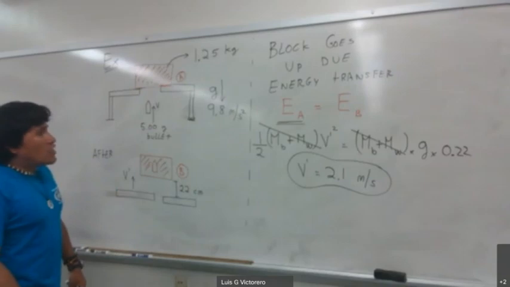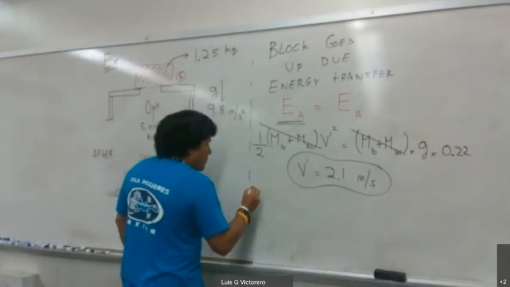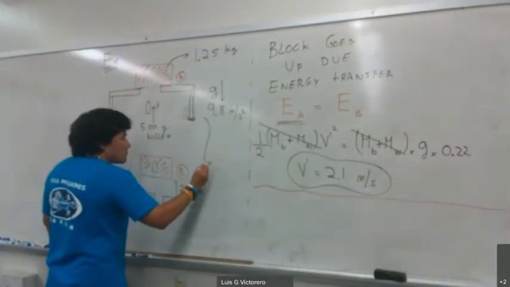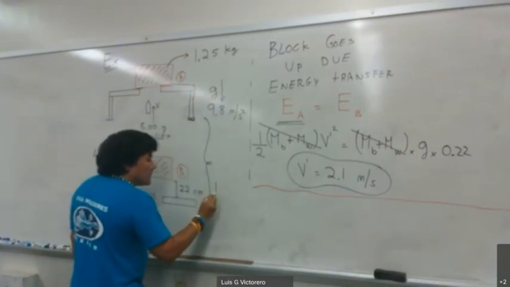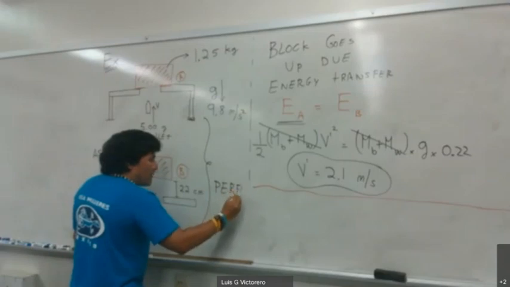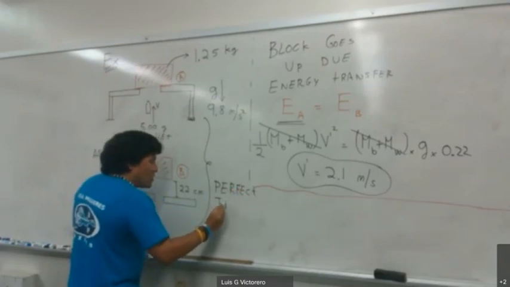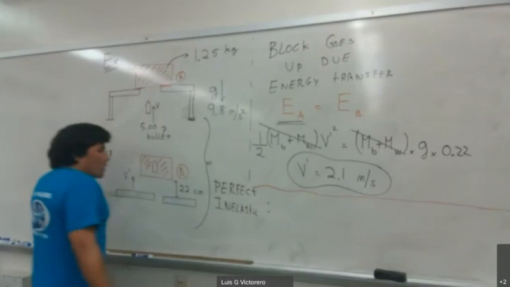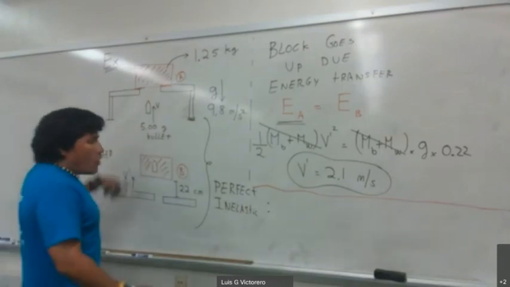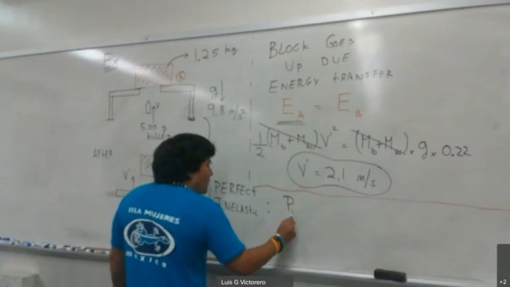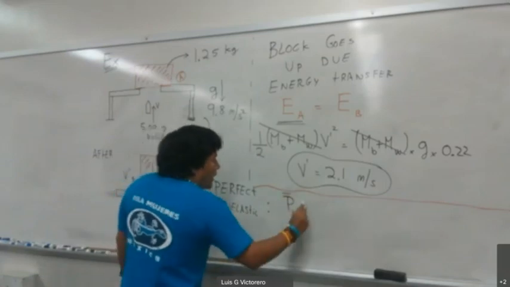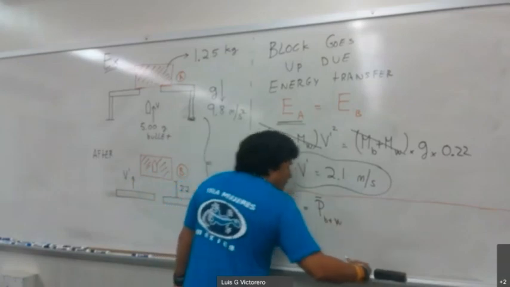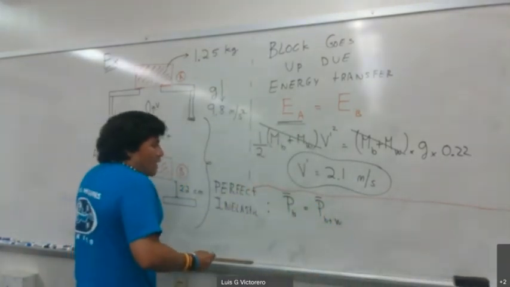So if we analyze the collision now, for the perfect inelastic collision, the momentum before, so the momentum of the bullet, is equal to the momentum of the bullet plus wooden block.